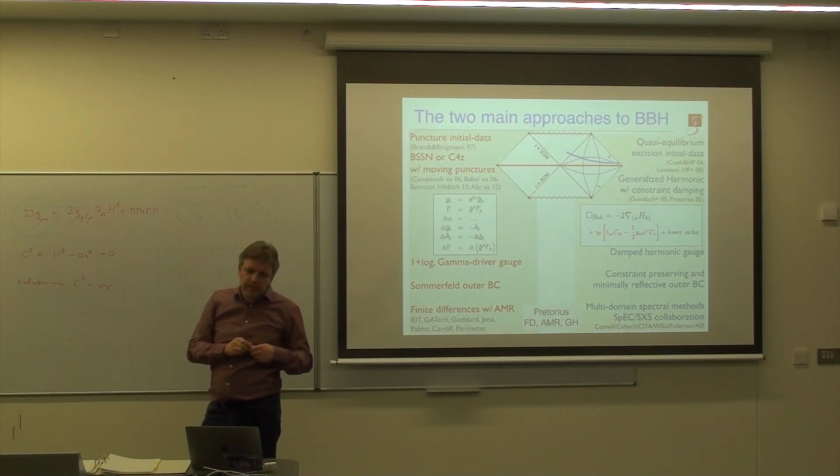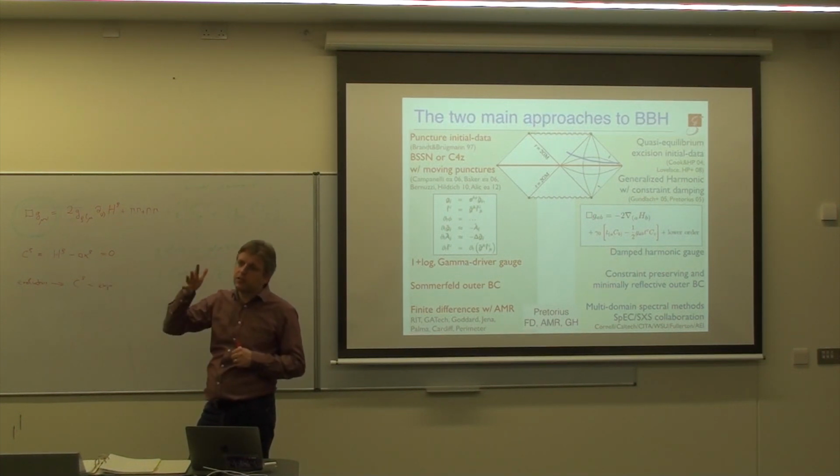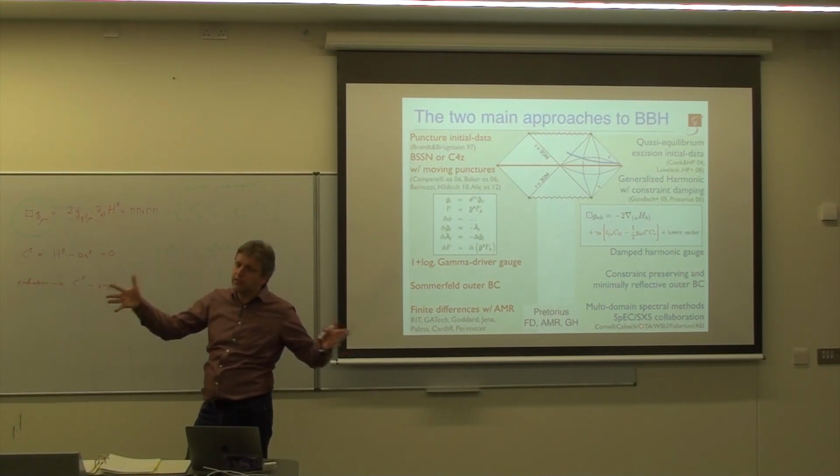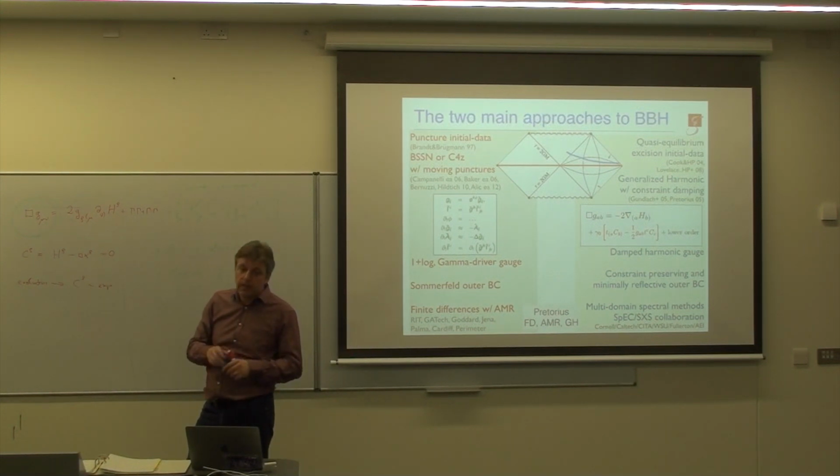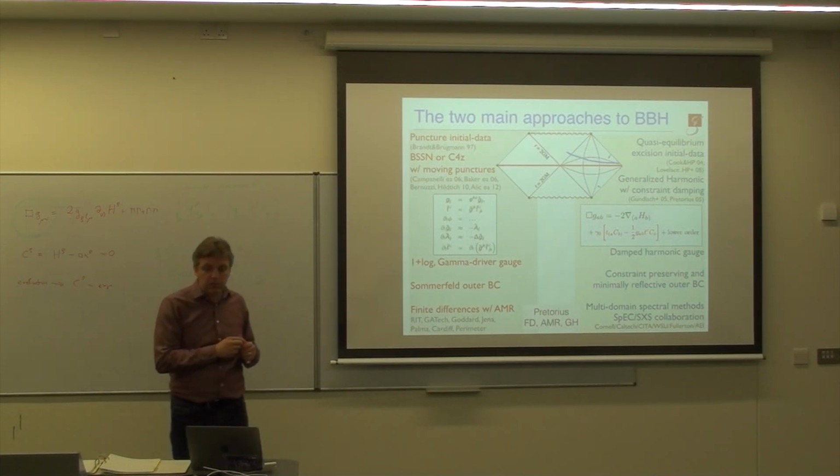So with enough care, one can decompose all the fields: these degrees of freedom are just incoming gauge conditions, these are incoming physical modes, gravitational waves, and those are constraint violations. Doing all these decompositions, you can very carefully control outer boundary conditions.